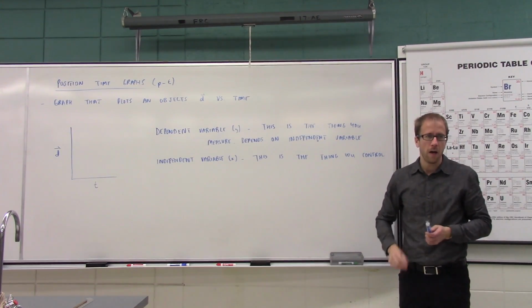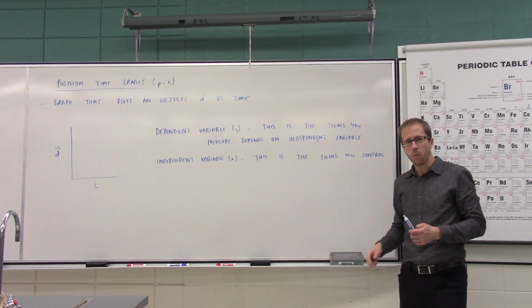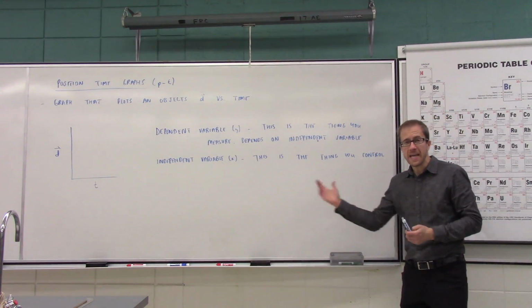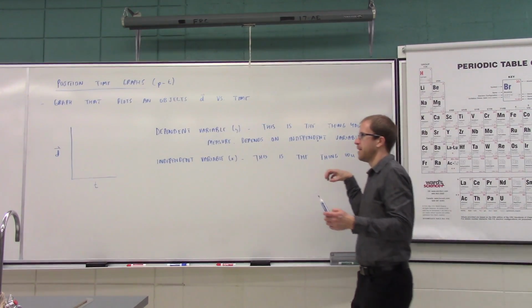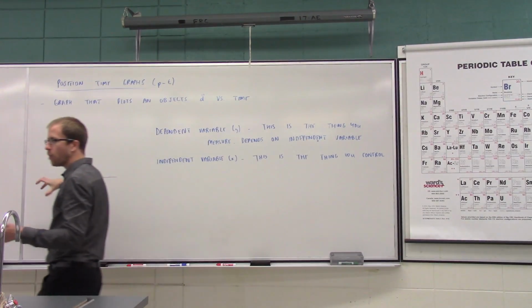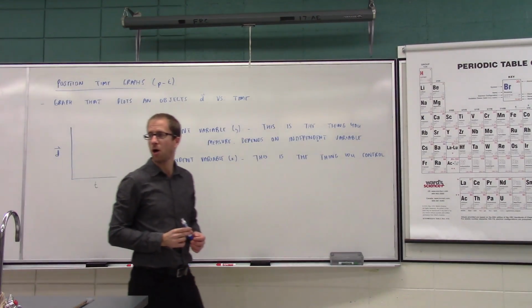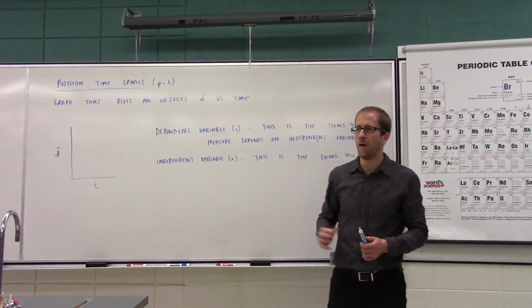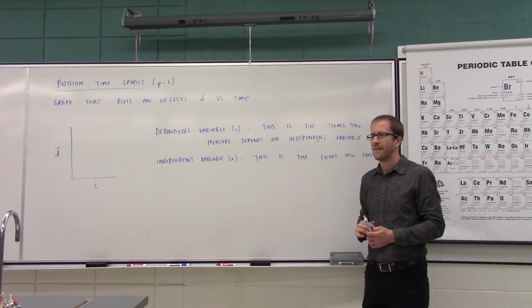Now, next class, we are going to be doing a lab where we are going to be creating position time graphs. So we are going to be taking beanbags and we're going to be dropping them. What do you think remains constant during that experiment? When am I going to be dropping my beanbags?